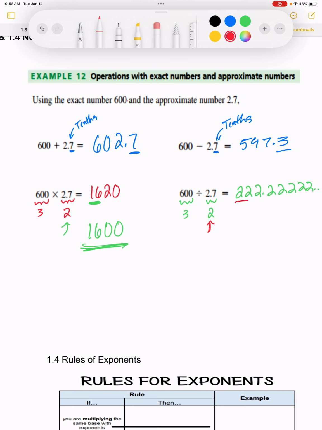So it's going to be these 2, and then everything else is going to either round up or round down. Since this is a 2 right here, I know that's not going to round up, so the answer would become 220. And that's it. All right, and that finishes our section on significant digits.